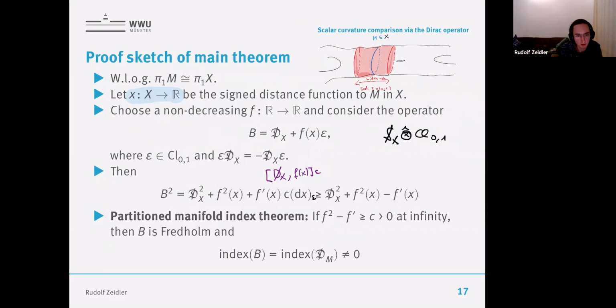And since this is a distance function, this derivative is going to have norm 1, or at least norm at most 1, and then I can bound this term below by -1, and that's what I get here.